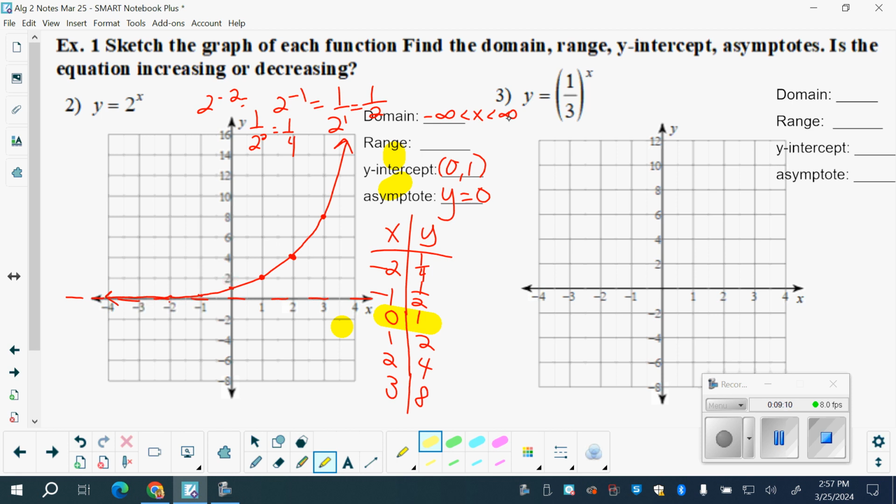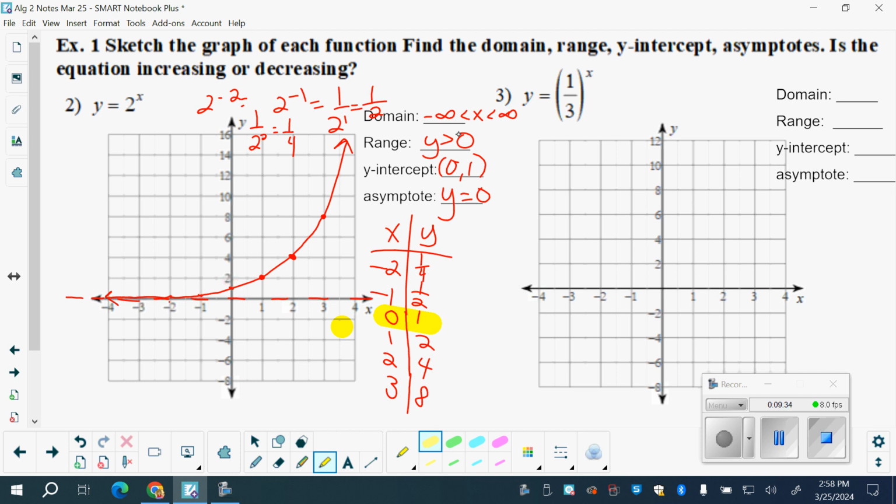No. Greater than 0 or greater than or equal to 0? Greater than, because it never touches. Questions on that? Okay. No question, Jason?